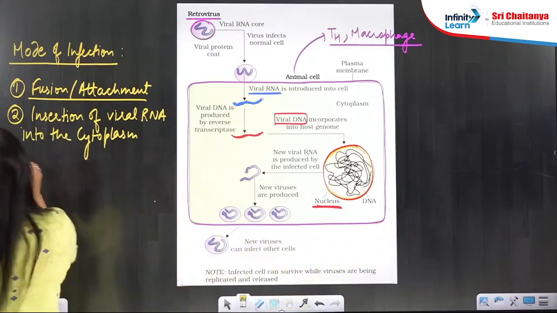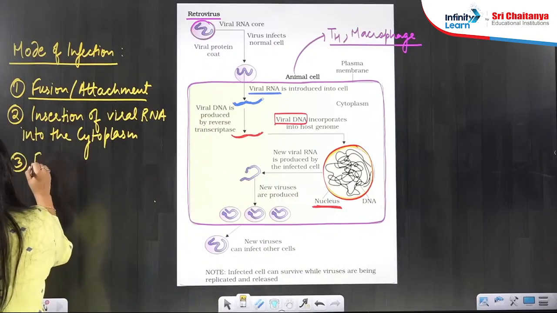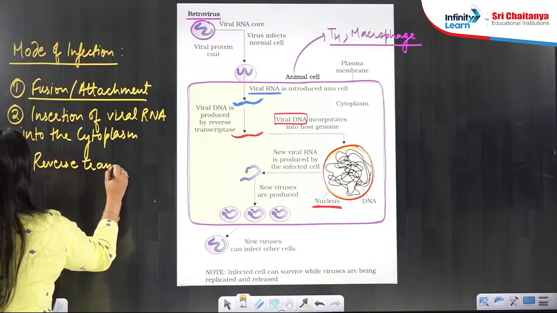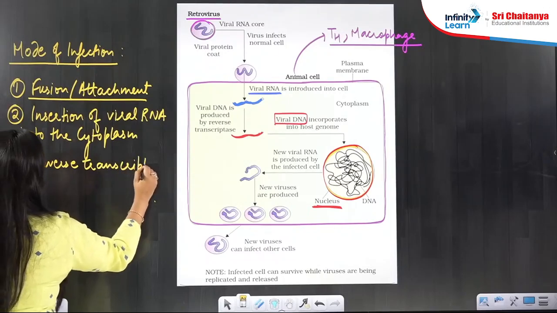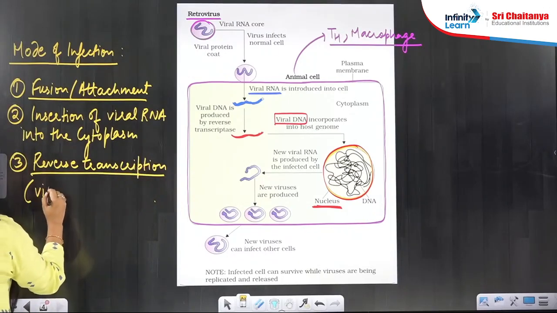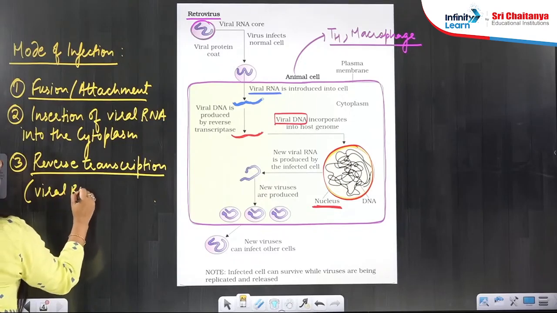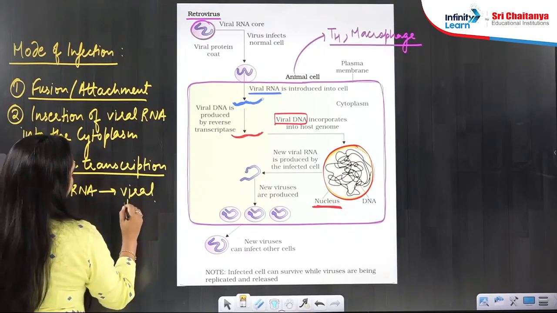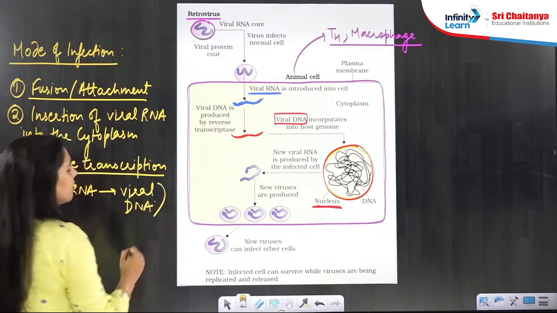The third step is reverse transcription. In this reverse transcription, the viral RNA is getting converted into viral DNA. Why?